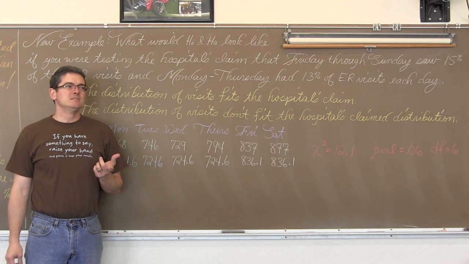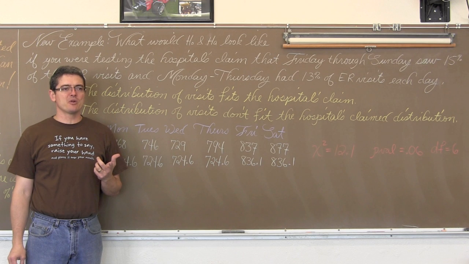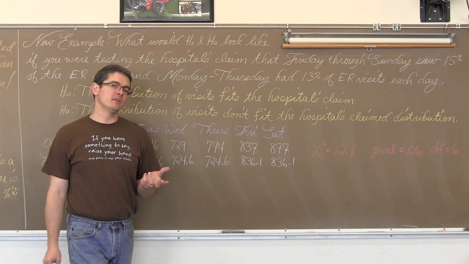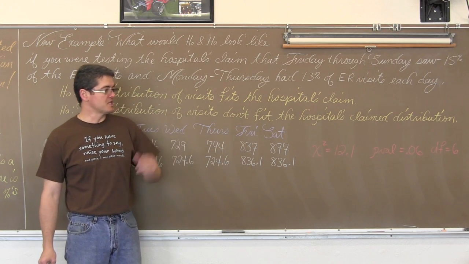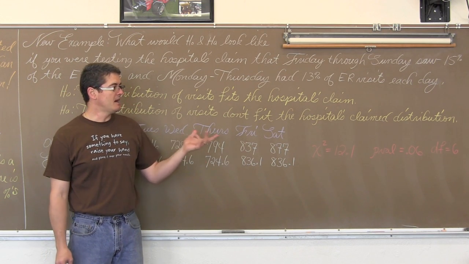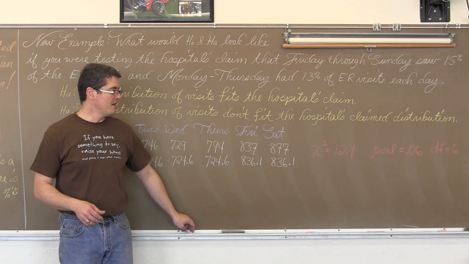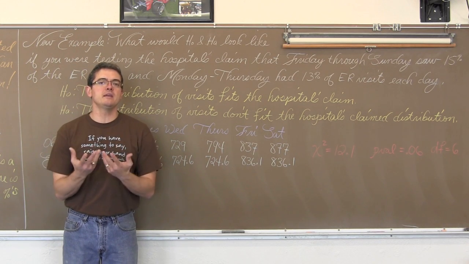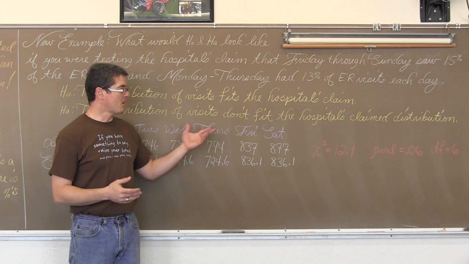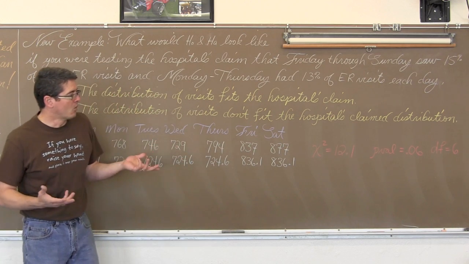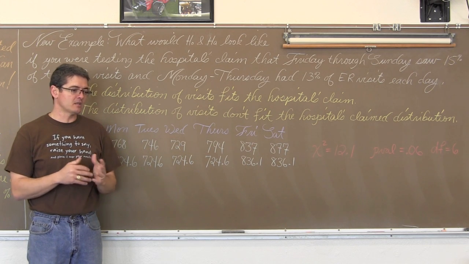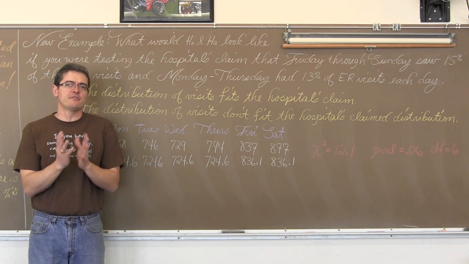So I would say there was pretty weak evidence against H sub O. Now, if your question has a level of significance set at 10%, you might say 6% is lower than the alpha of 10%, so we reject H sub O. But I think that's a somewhat large p-value, so if anything, I might say there's weak evidence against H sub O, that our observation does not fit the company's claim, or you might say that there is very little or no evidence against H sub O. It depends on what you feel is a good statistical significance level.